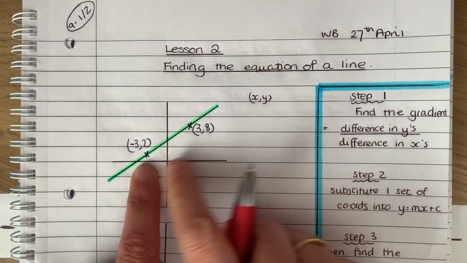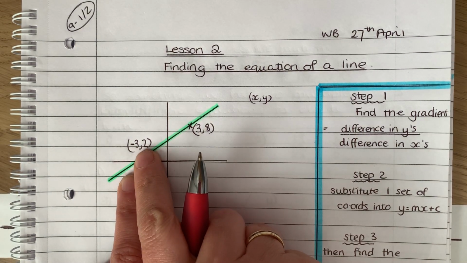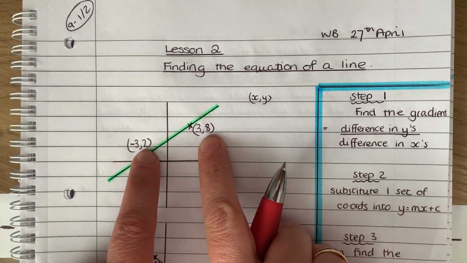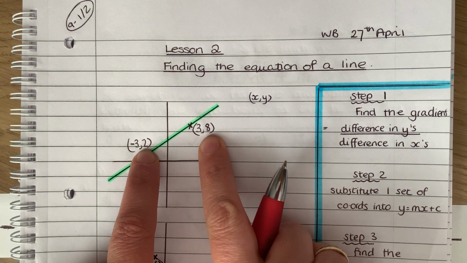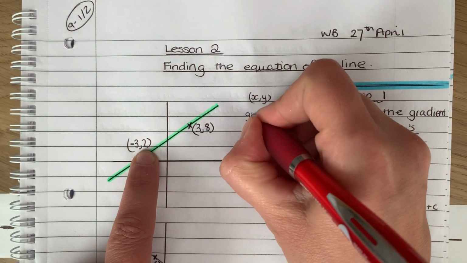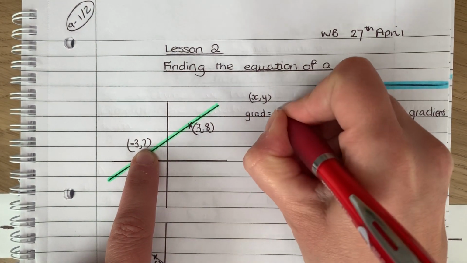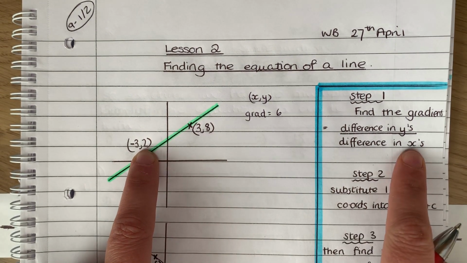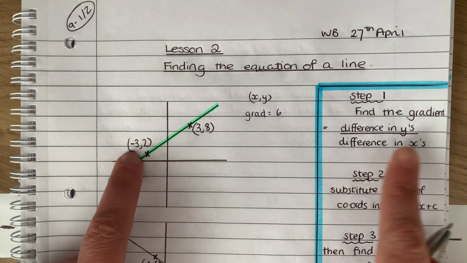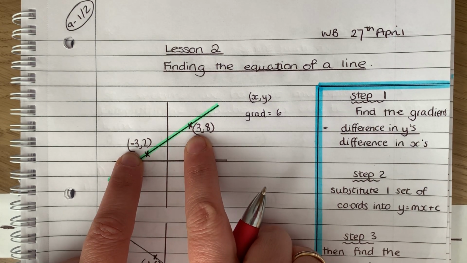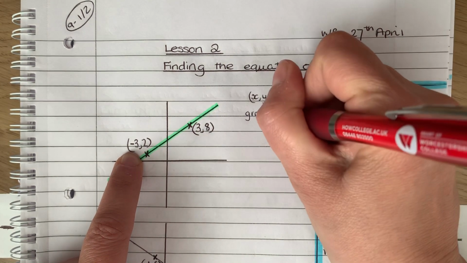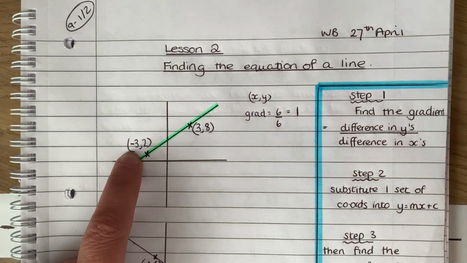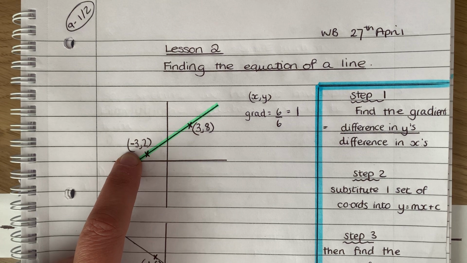The difference in the y's: how do I get from 2 to 8? That's 6. Then the difference in the x's: how do I get from -3 to 3? Again, that's 6. So 6 divided by 6 is 1. So we know that the gradient is 1.